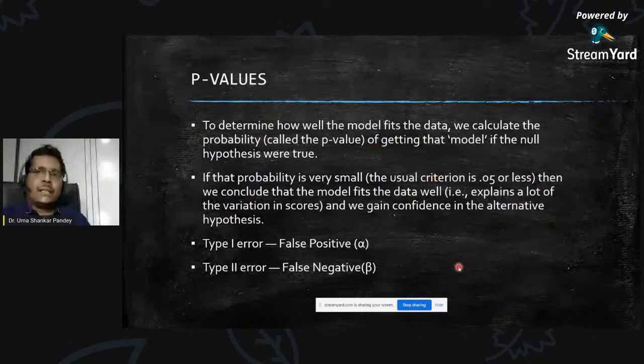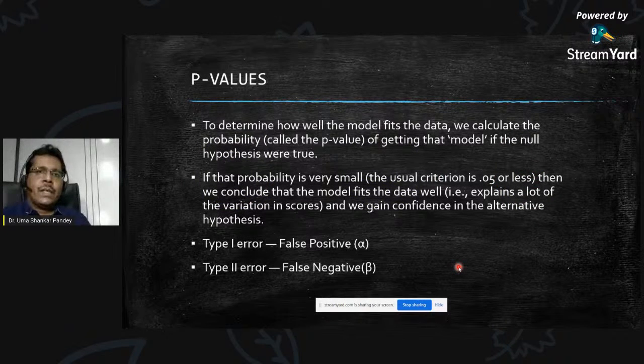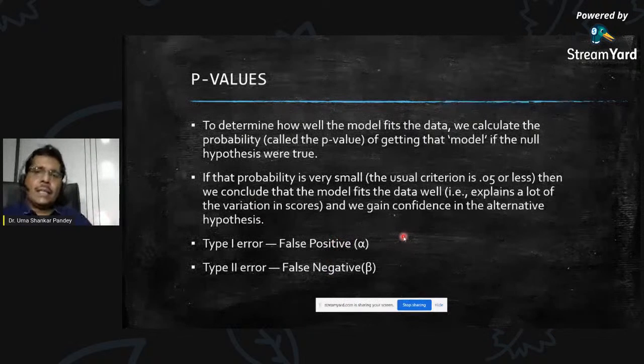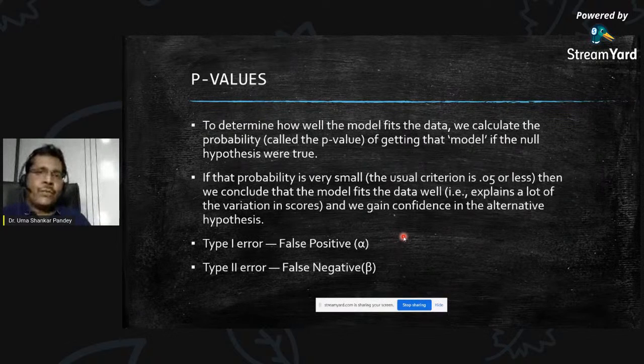There are two errors, again very important. The first error is type 1 error. The second error is the type 2 error. Please, we must make it a point to remember this very, very clearly. What is type 1 error? What is type 2 error? Very often, even seasoned researchers have to go back again and again to find out what is type 1 and type 2, because it can get very confusing.